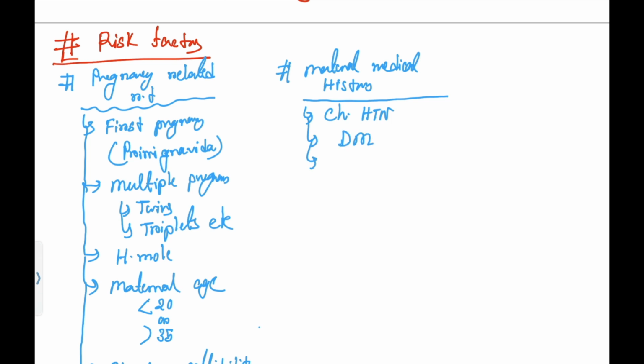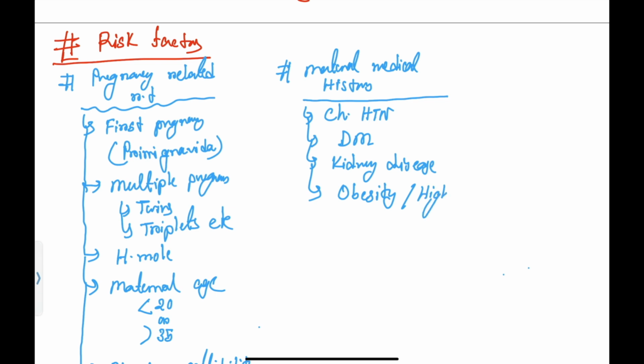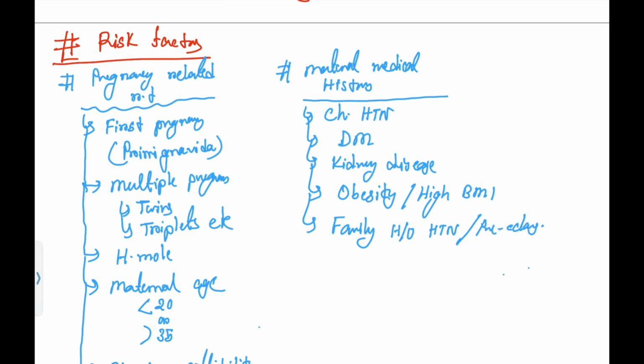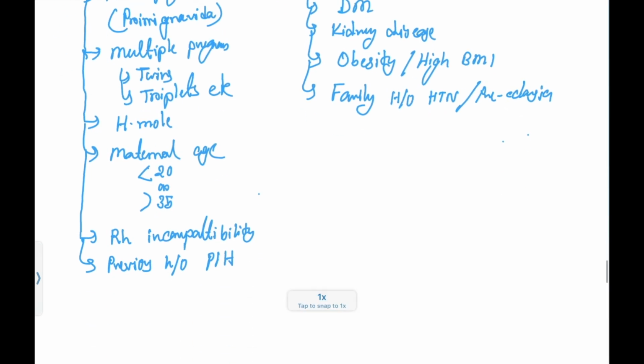If the mother has diabetes mellitus, that can be a risk factor. If the mother has any kidney disease, that can be a risk factor. If the mother is obese, high BMI, body mass index. Okay, then family history of hypertension or family history of preeclampsia, etc.